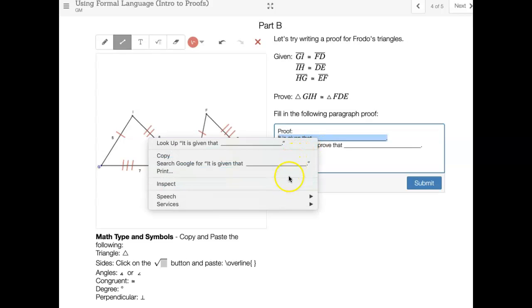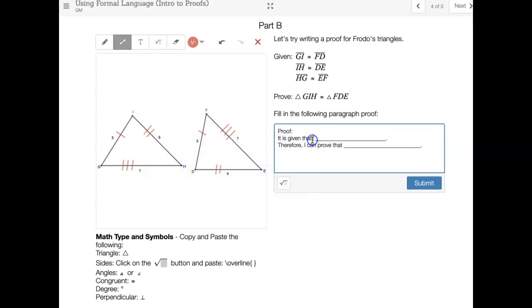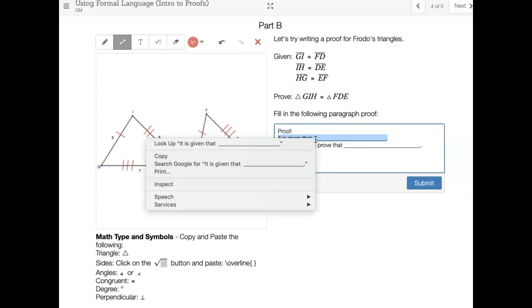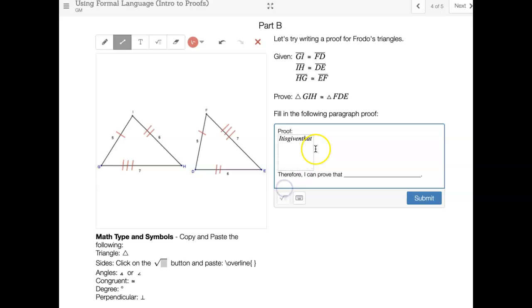In the radical symbol, if I paste what I just copied, okay, that's not what I wanted to do. Again, if I paste, why is it doing that? No. Didn't mean to do that. How do I undo what I just did? Undo.